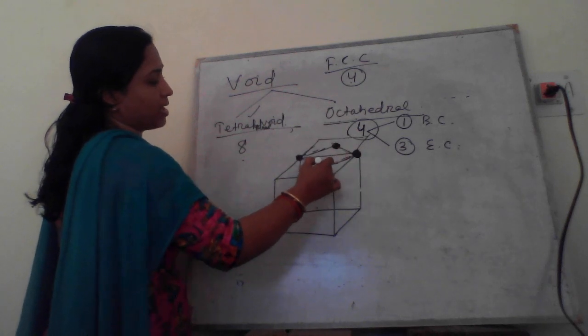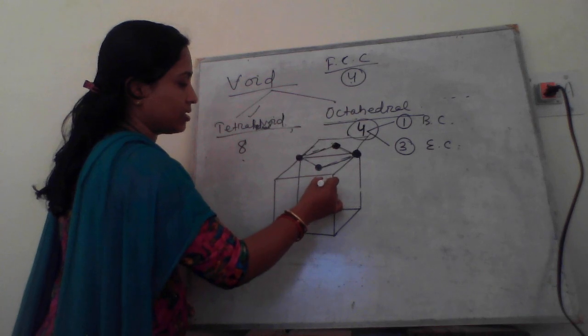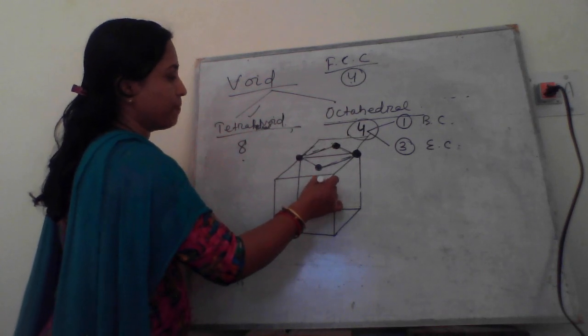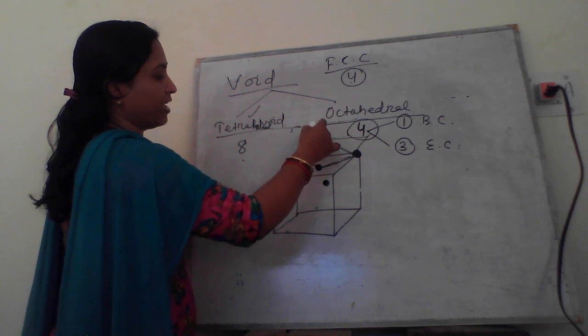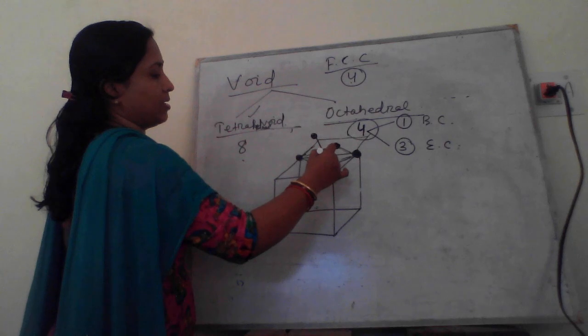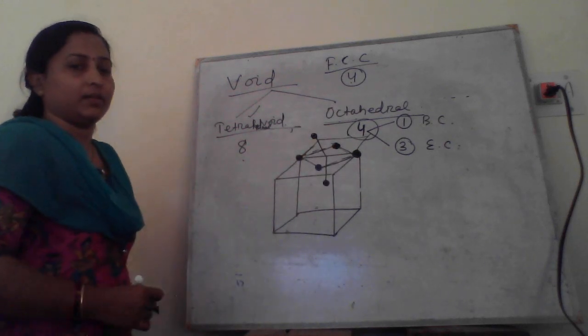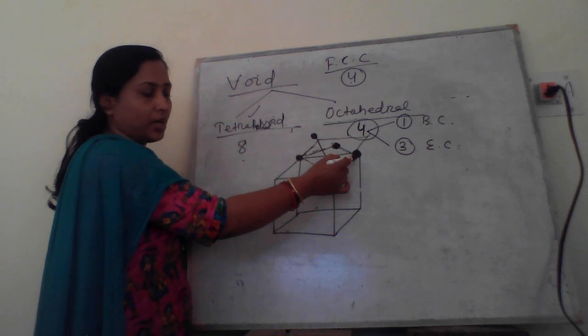These 4 atoms are at a plane, and this atom here is the back face, and another unit cell back face atom, like this. 1, 2, 3, 4, 4 atoms.